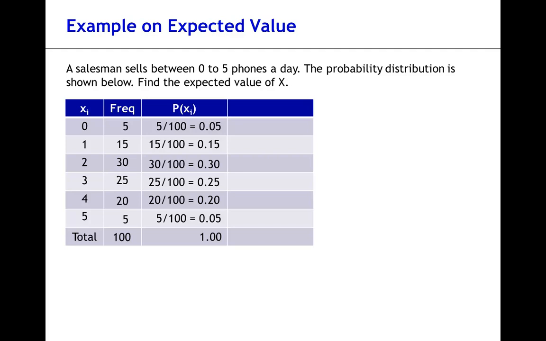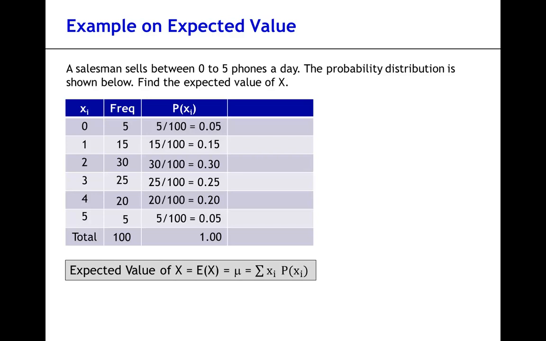In this example on phone sales, we are to compute the expected value, which means we can use this formula. First, let's create another column for x sub i times P of x sub i. To get that, we take the x sub i in column 1 and multiply with P of x sub i in column 3.